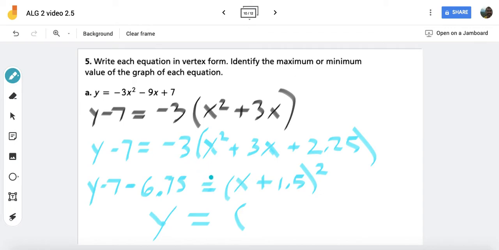I lost the 3. It should have been a minus 3 here. The negative 3 times the 2.25 gave us a negative 6.75. I had to subtract 6.75 from both sides. Minus 7 and minus 6.75 is minus 13.75, but I need to add that to both sides to bring it over here.